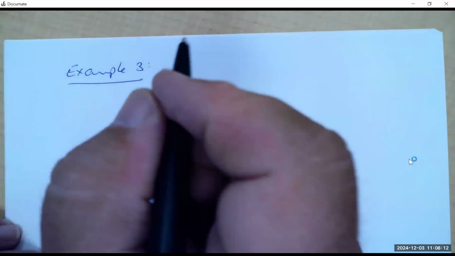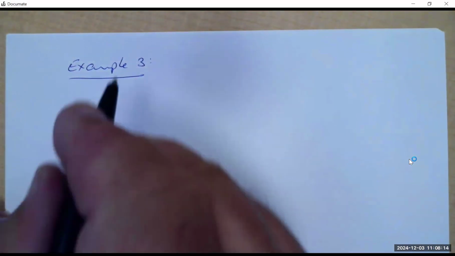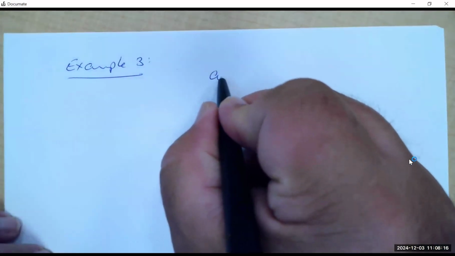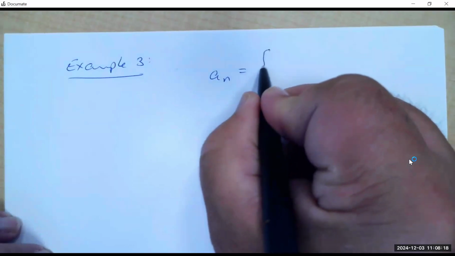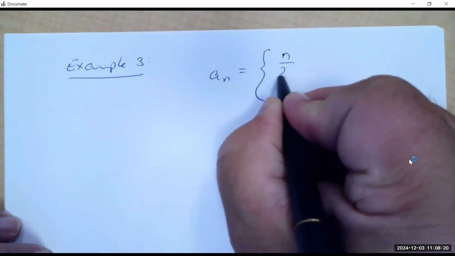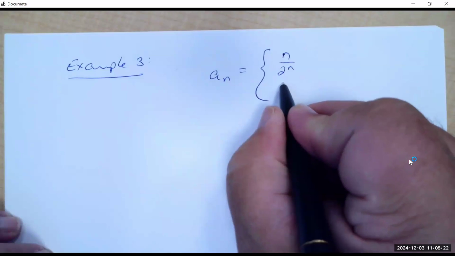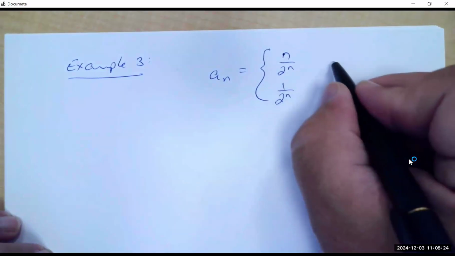So let's take an example here. Consider the term a sub n, the one we just had: n/2^n for odd n and 1/2^n for even n.